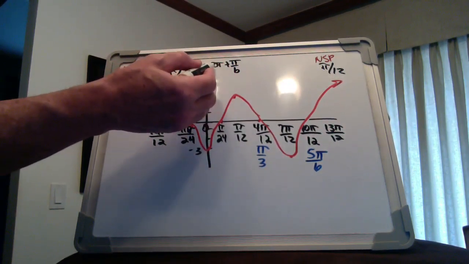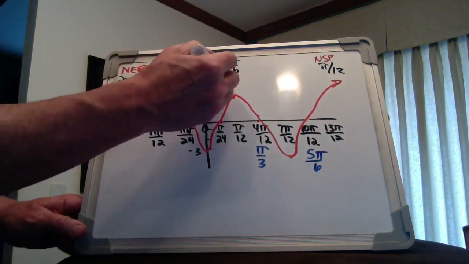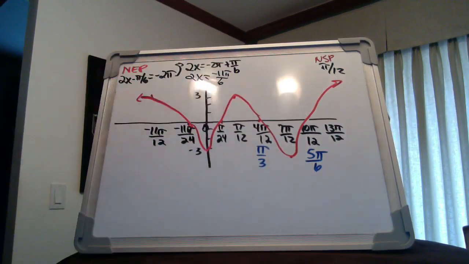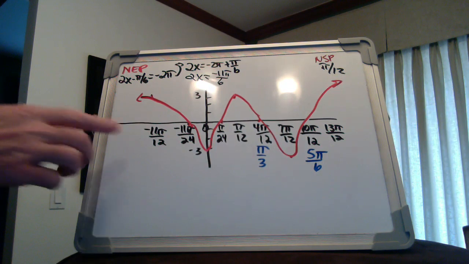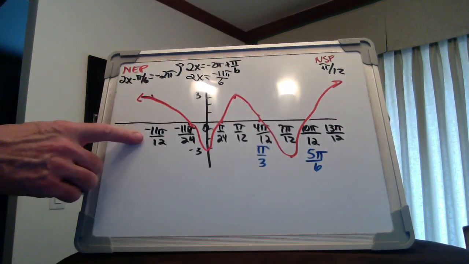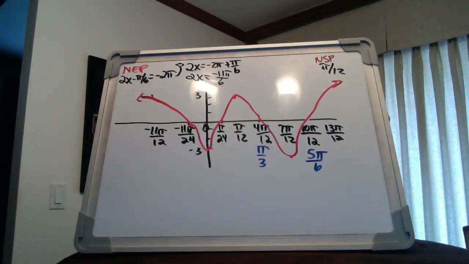So that's -12 plus 1 pi, so that's -11 pi over 6, and then multiply by half. So then you end up with -11 pi over 12. That's how you get your new end point. So I just wanted to show you this trick right here.